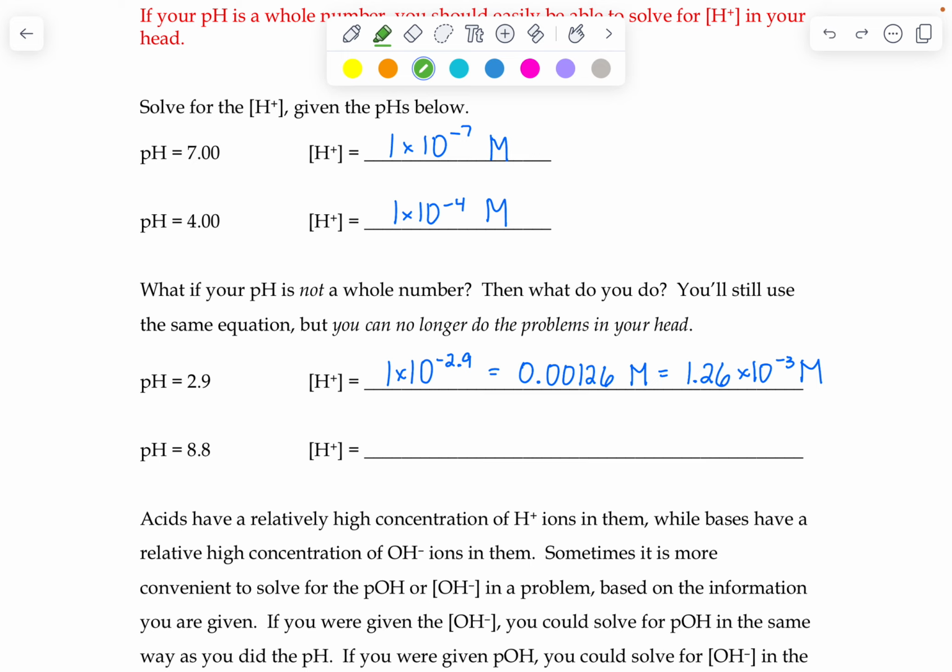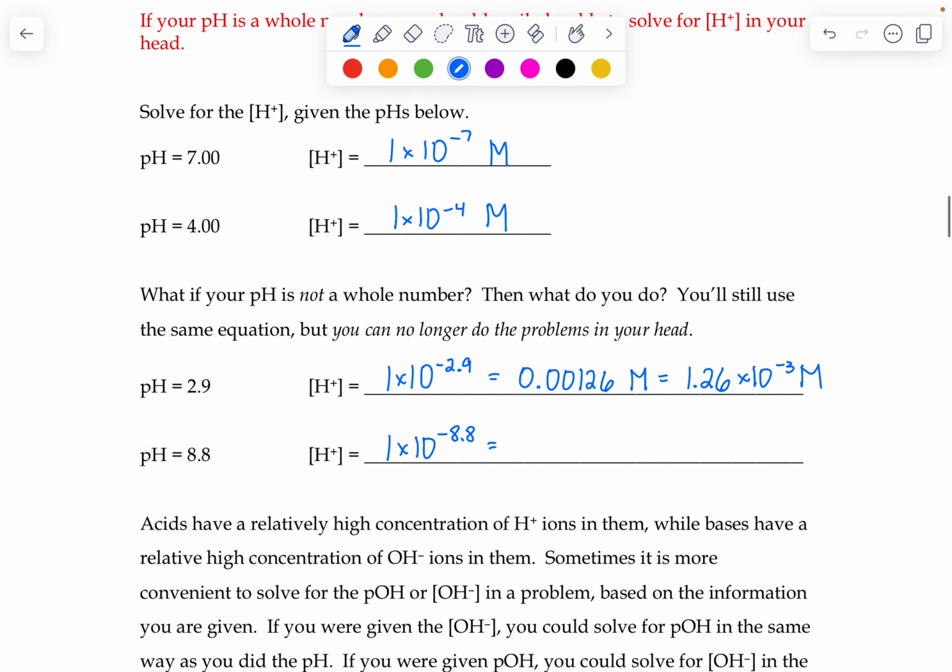Let's try one more. If your pH is 8.8, the power of our hydrogen is a negative 8.8. We throw that in our calculator, say, hey, calculator, can you convert this into a properly written number for me? On a non-graphing calculator, you're probably looking at a decimal with 1, 2, 3, 4, 5, 6, 7, 8 zeros, then a 2.